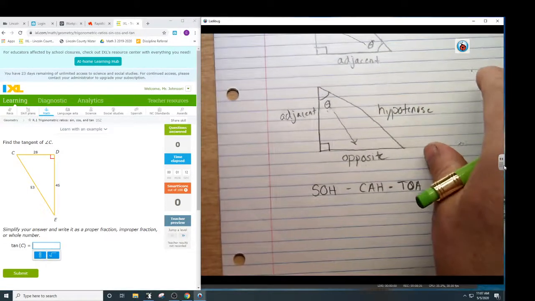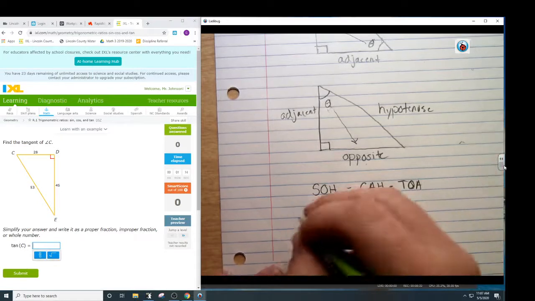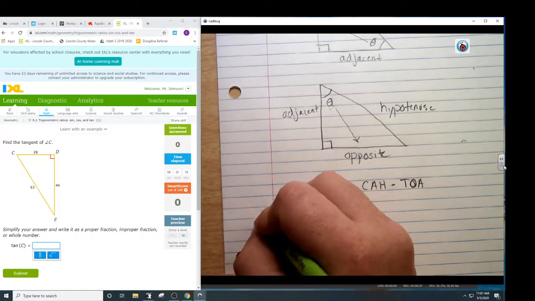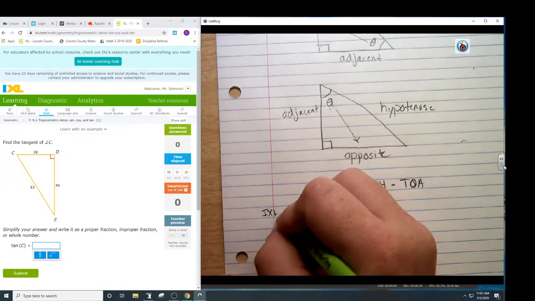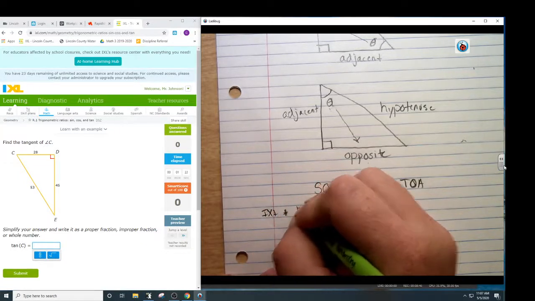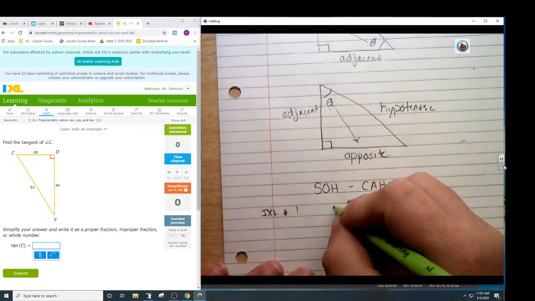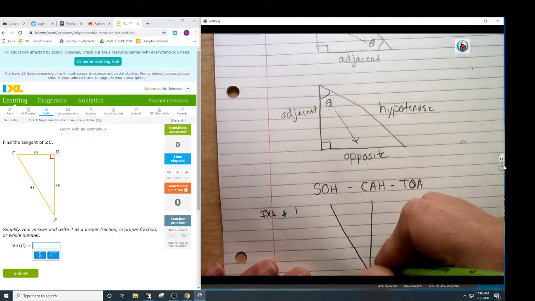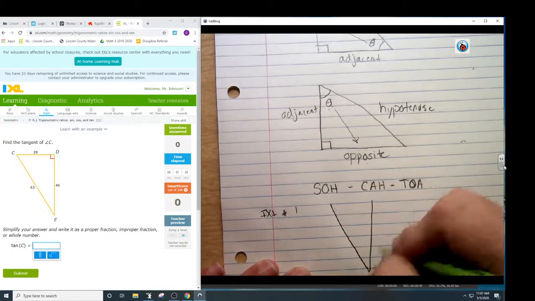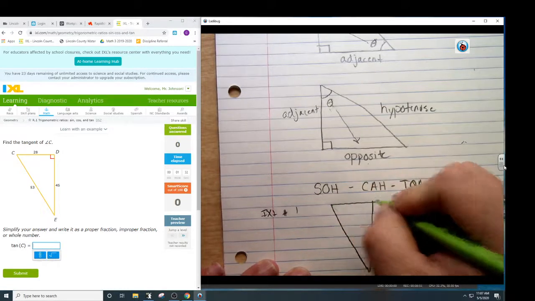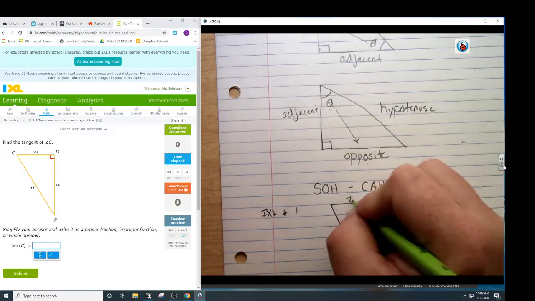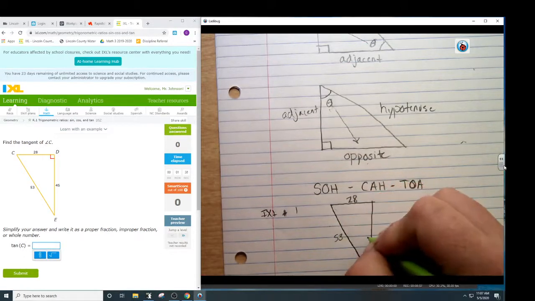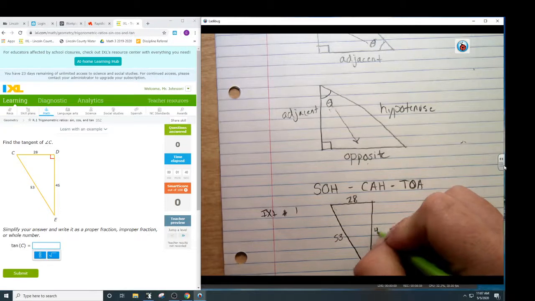Okay, now let's look at this example right here. IXL number 1. We've got a triangle. It might not be the best triangle, but it's going to work. This side is 28, this is 53, and this is 45.